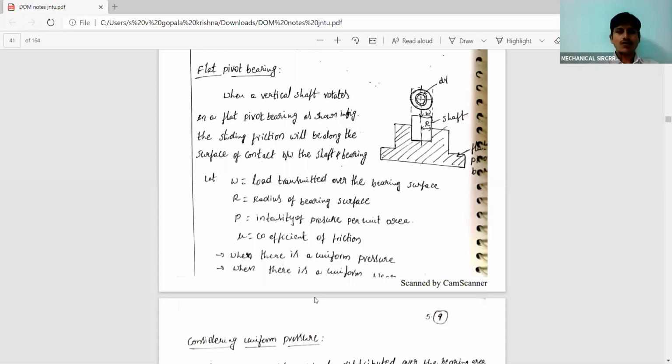Why did they take these two particular conditions? Let us take a small example. When you take a chalk and draw a long line on a board, you can also find out the wear rate.